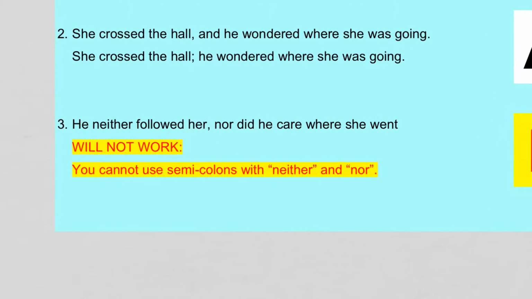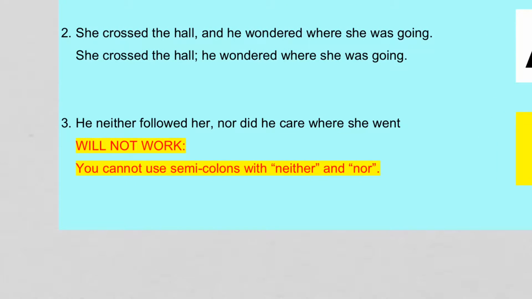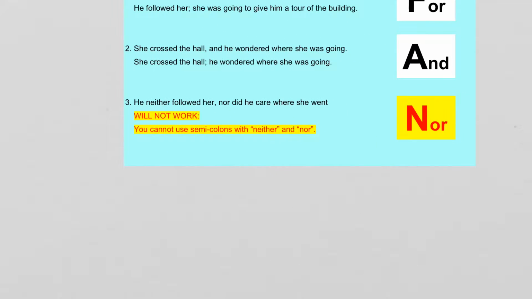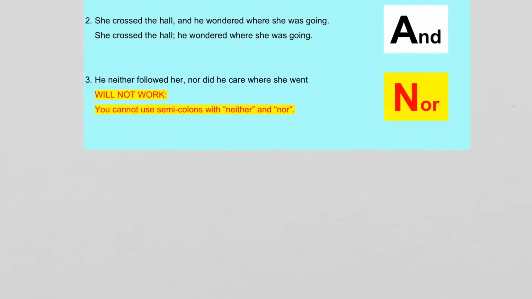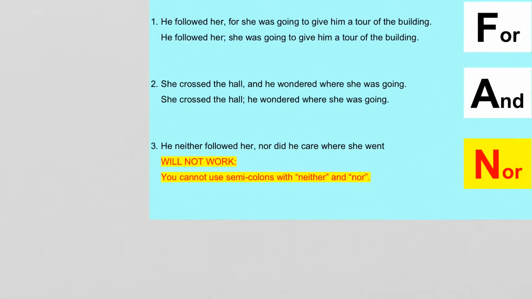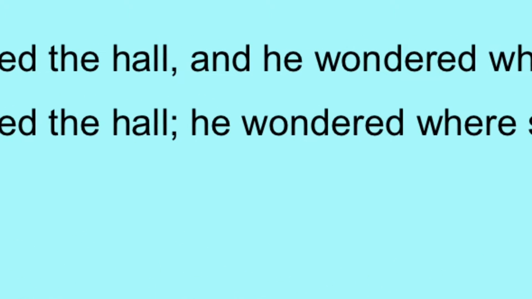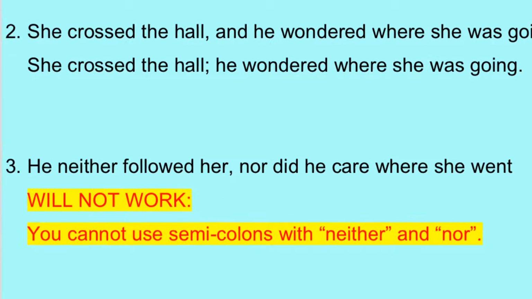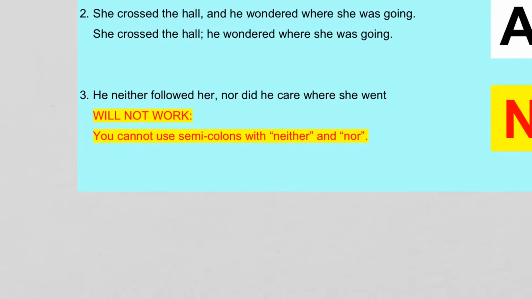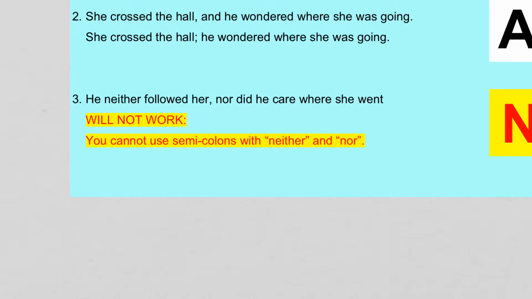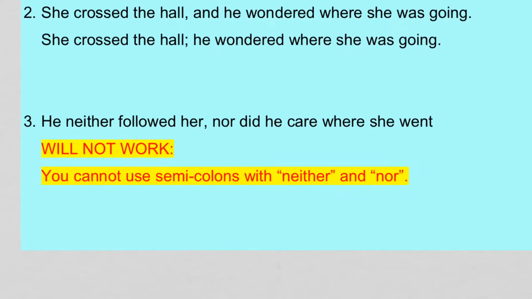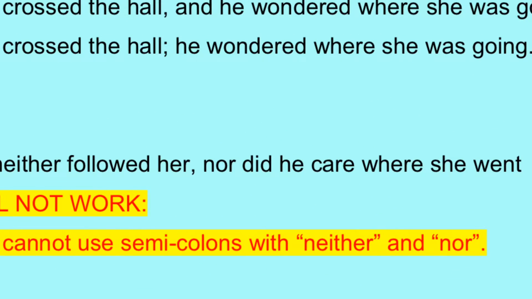Example 2. She crossed the hall and he wondered where she was going. So you notice here we have the conjunction and, and you always put a comma in front of a coordinating conjunction. Notice how there's a comma before and. So instead of saying she crossed the hall and he wondered where she was going, we could say she crossed the hall, semicolon, he wondered where she was going.